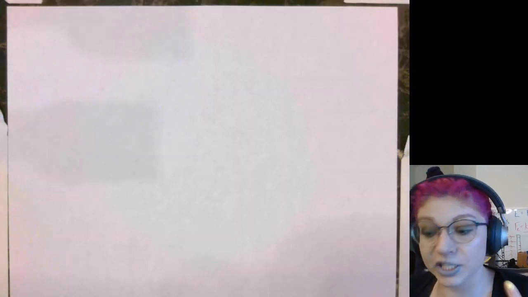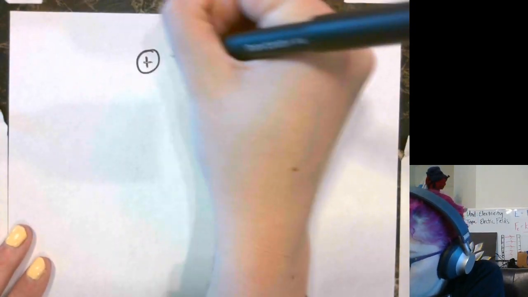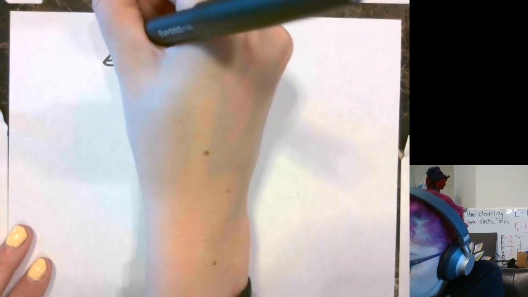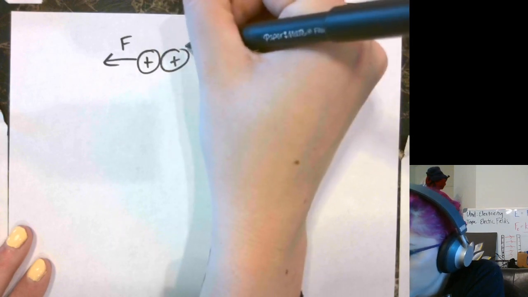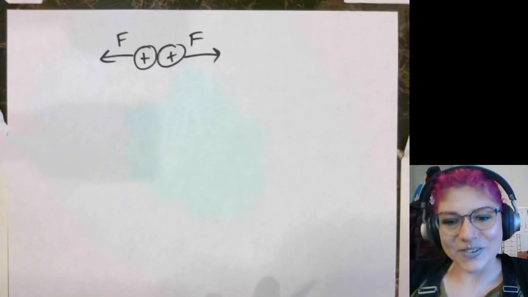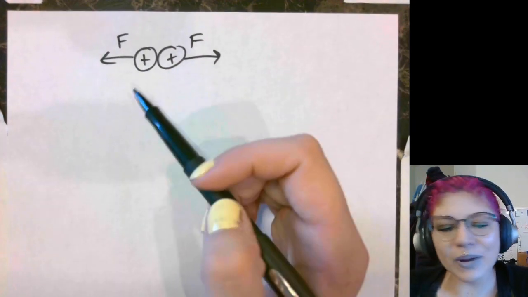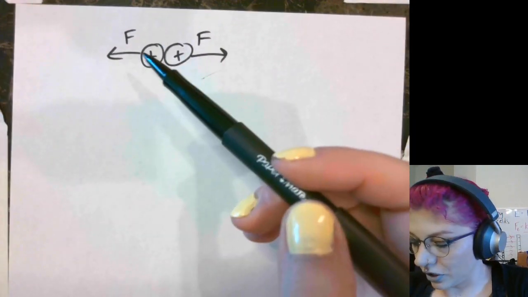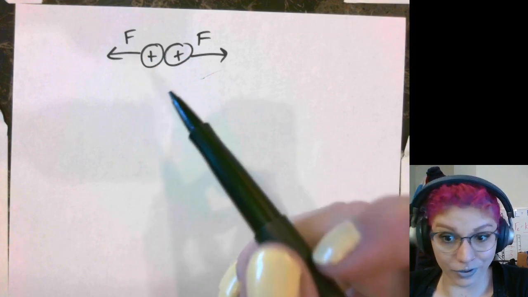Before we plug in actual values to explore this idea, let's think about this conceptually, yeah? Let's compare two scenarios. Let's say we have two positive charges that are very close together, right?